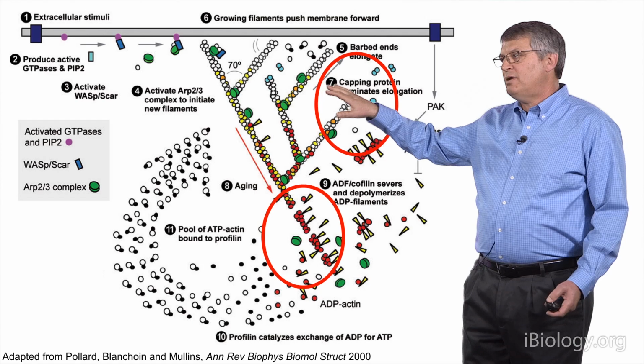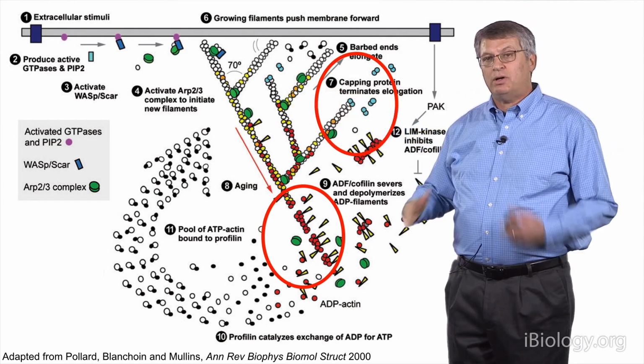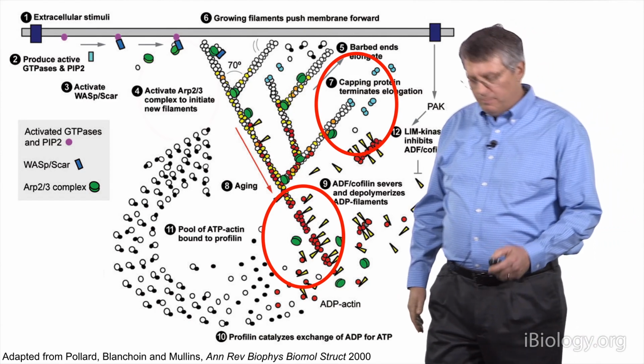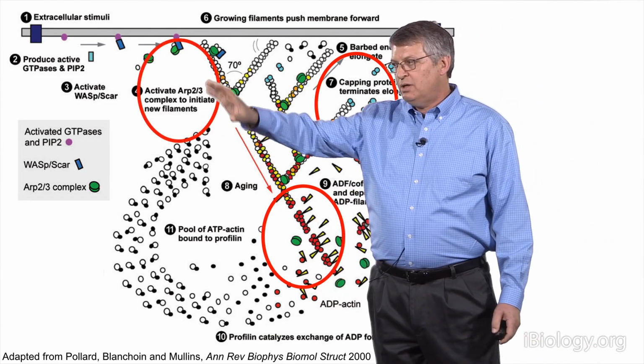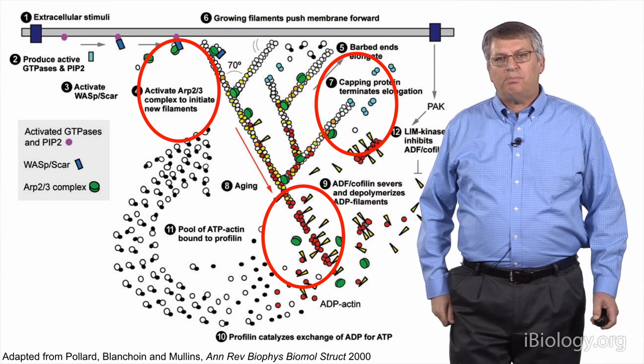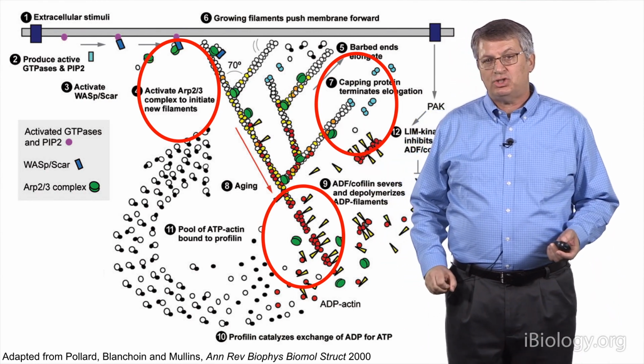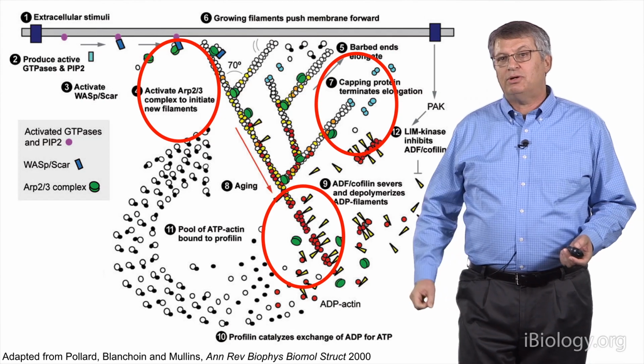There's the capping of filaments. The filaments have to remain short, or else they can't resist the compressive forces of the plasma membrane. And then, of course, there's the nucleation of this network by the ARP2/3 complex. And these were all the steps that were identified as essential in the reconstitution of Listeria motility.